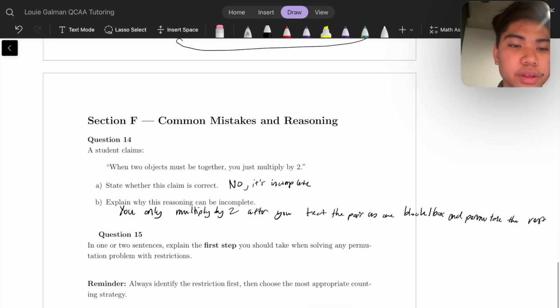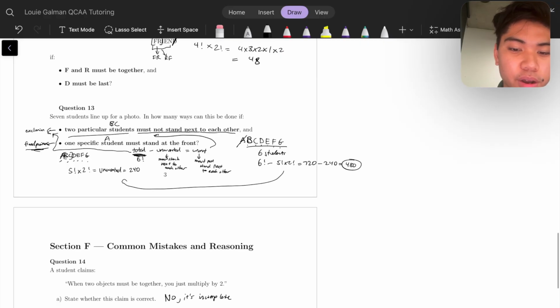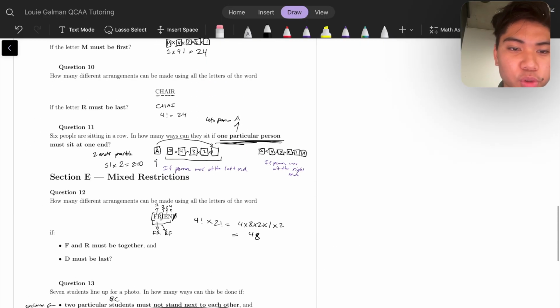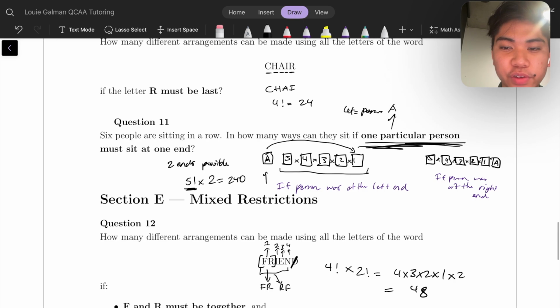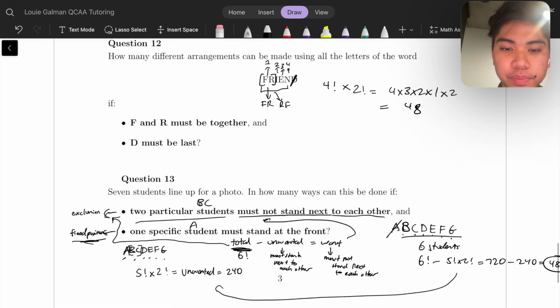Okay, so same thing we've been doing here. We don't just multiply by 2 randomly, we have to multiply by 2 by the number of permutations where we consider those 2 objects being together as one box, and then the others are their own individual boxes.